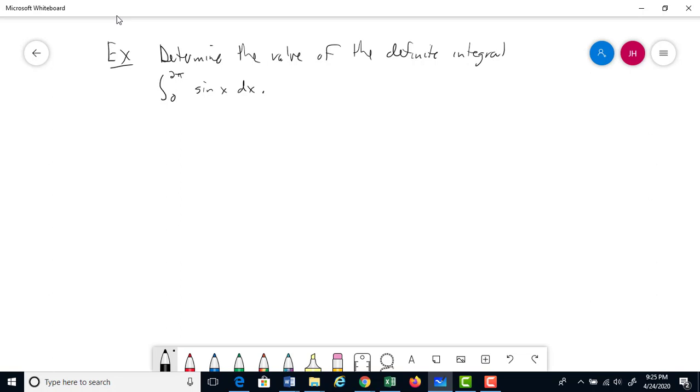So when I calculate the integral from 0 to 2 pi of the sine of x dx, well, the antiderivative of the sine of x is going to be equal to minus the cosine of x. And then I'm going to evaluate it from 0 to 2 pi. So I'm going to plug in 2 pi first, and then I'm going to plug in 0 second.